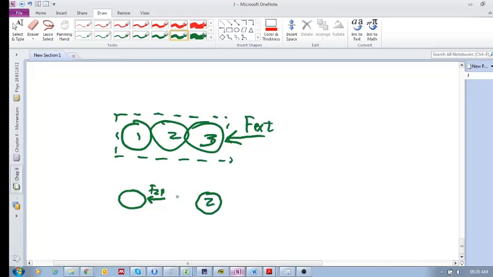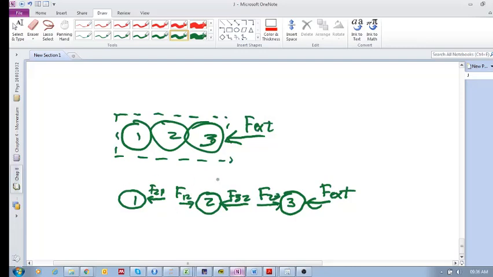They're going to be F1 on 2, and we're going to have F3 on 2. Do you see that? So this one is going to experience a force from 3 and from 1. And then what about 3? We're going to have F external, and we're going to have F2 on 3.